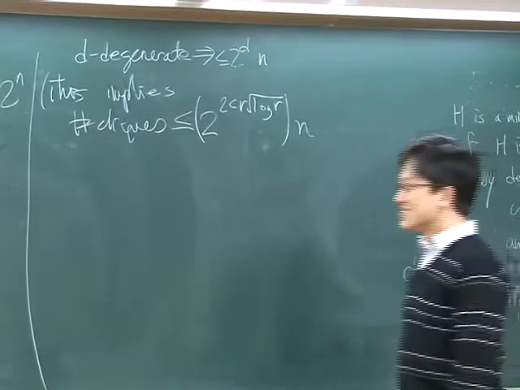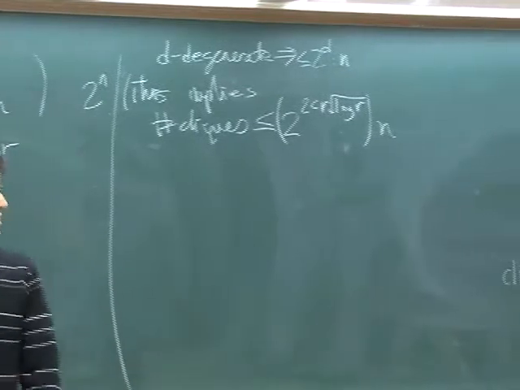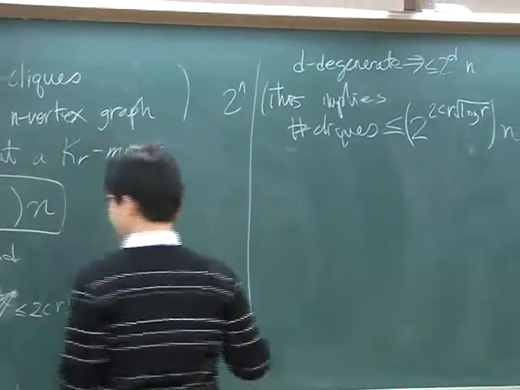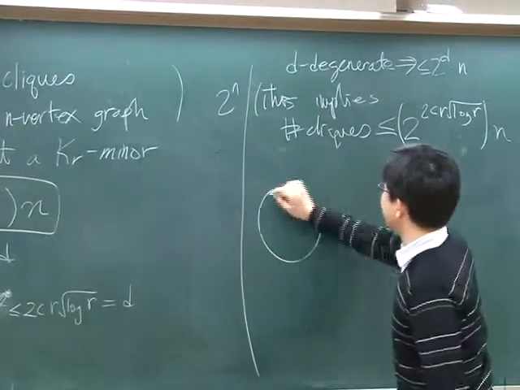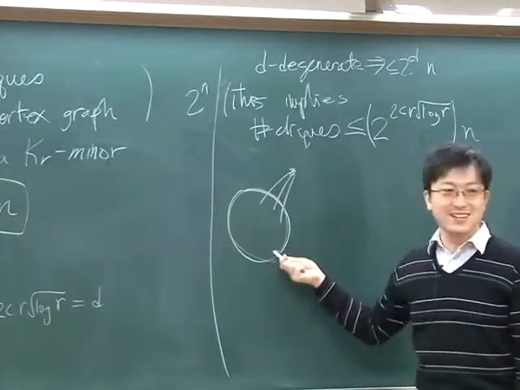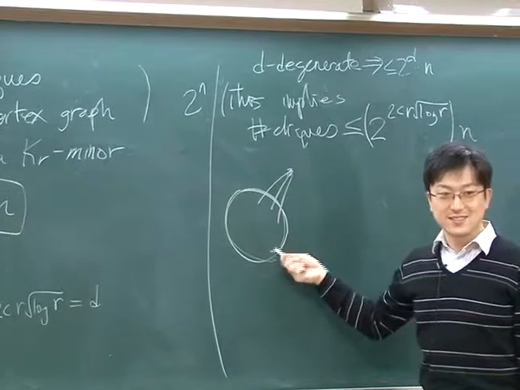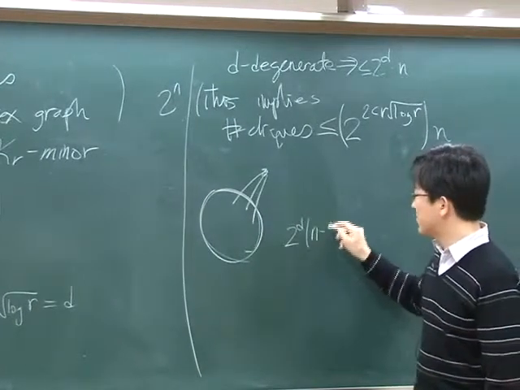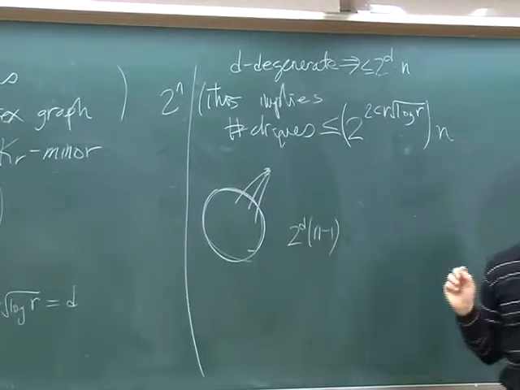Okay, so here is the argument. You have a vertex of small degree. Now you count the number of cliques inside the rest by induction. That's 2 to the d times n minus 1 at most.